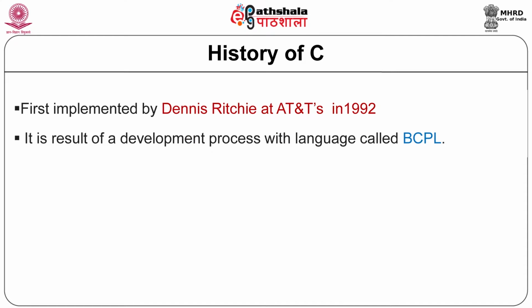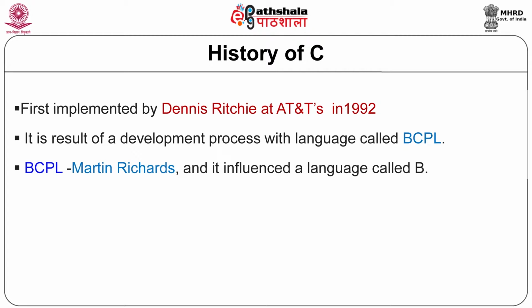Actually, C is the result of a development process that started in an older language called BCPL, that is Basic Combined Programming Language. It was developed by Martin Richards and it influenced a language called B. The B language was implemented by Ken Thompson in 1970.